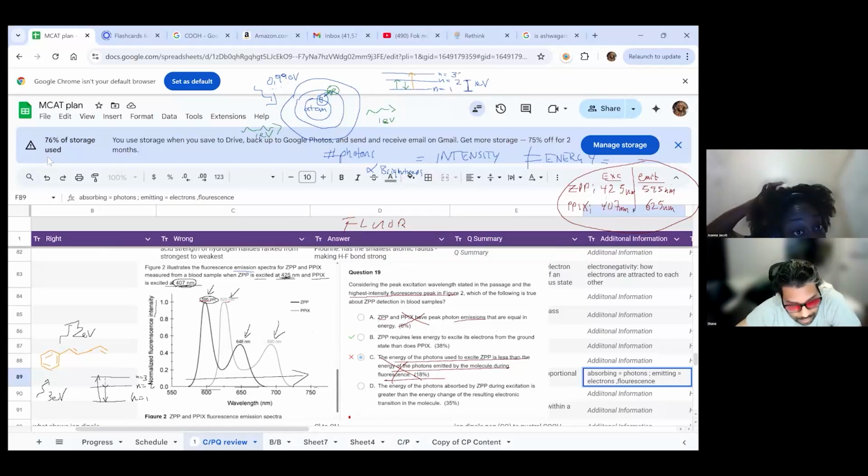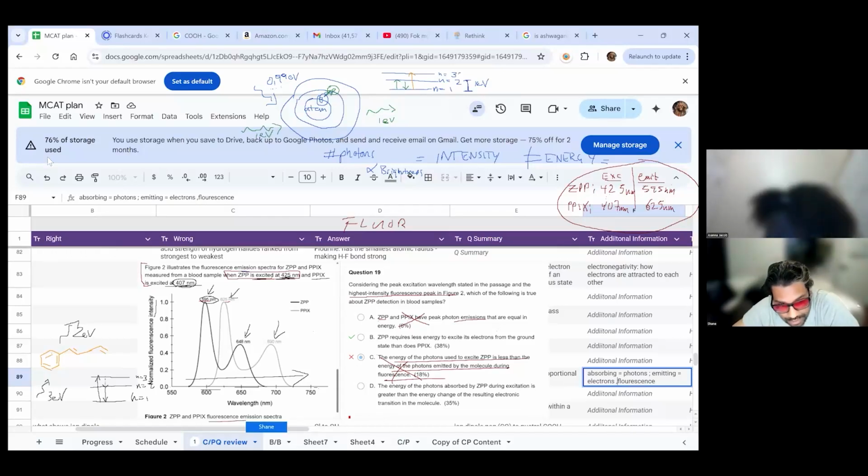So in the graph here, from the graph alone, we do need the info that they have in the description here, right? They're telling us that ZPP gets excited at 425, and we don't see any peaks at 425, but that makes sense because this is showing us the fluorescence emission spectra, right?